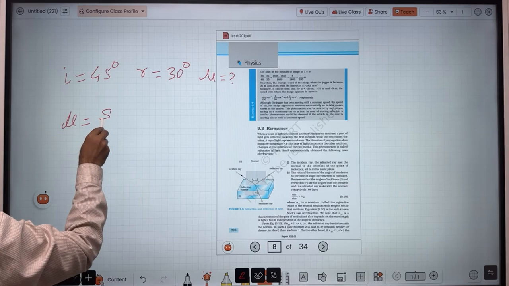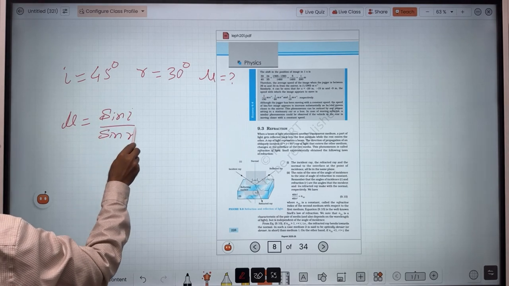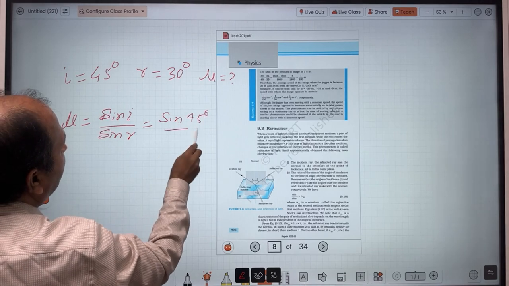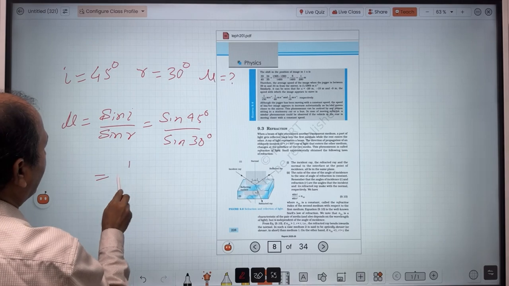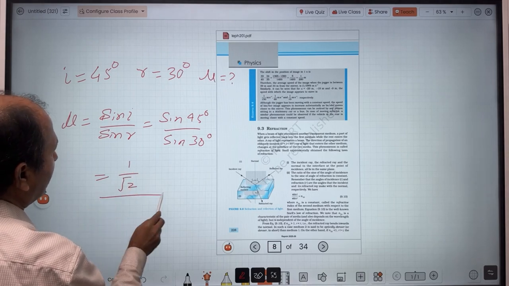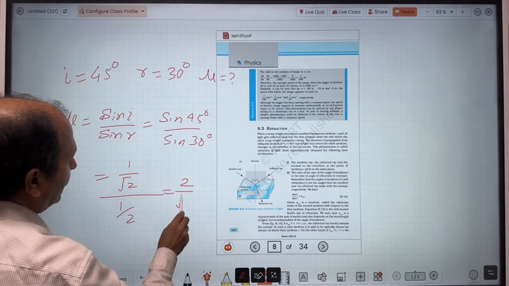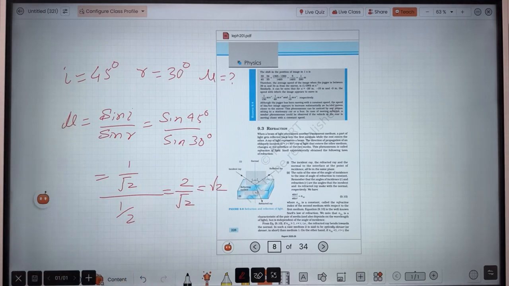So the formula is mu equals sine I divided by sine R. So sine 45 degrees divided by sine 30 degrees. We put in the values: 1 upon root 2 whole divided by 1 upon 2. So this will become 2 upon root 2, or root 2. Correct? So I think you have understood up to here. There is no doubt.